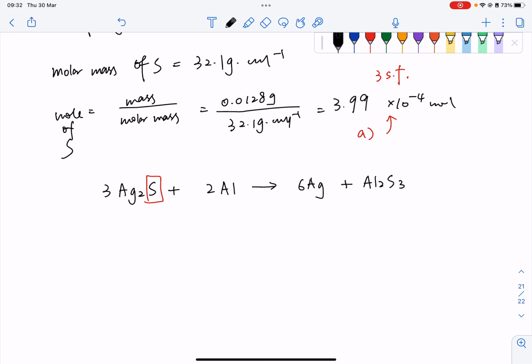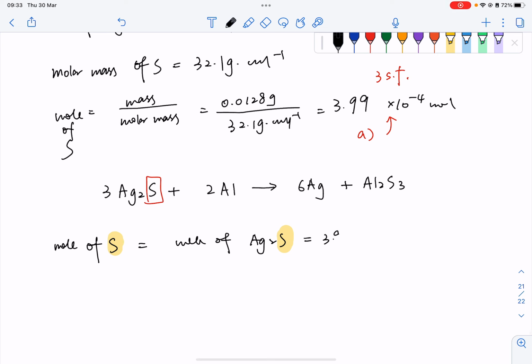Then, do we know the mole for Ag2S? The mole of sulfur should equal the mole of Ag2S, because we only have one sulfur in Ag2S. So the mole of Ag2S here should be 3.99 times 10 to the power negative 4 mole, right?